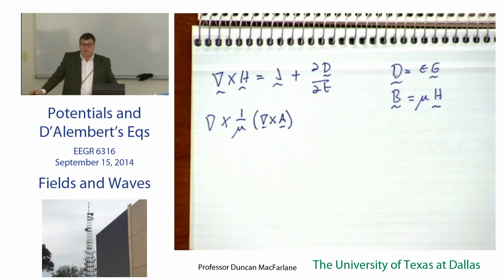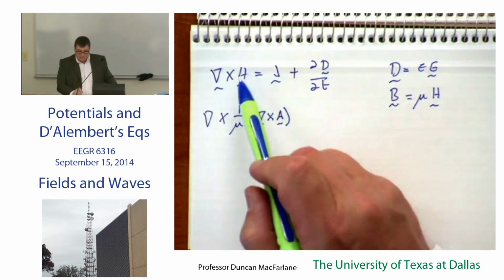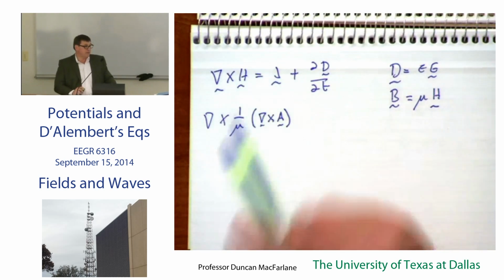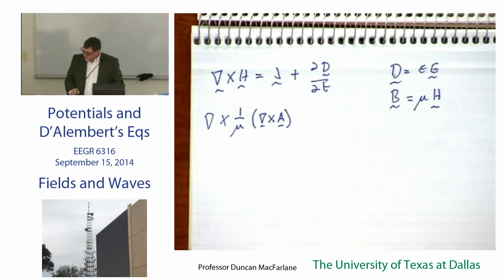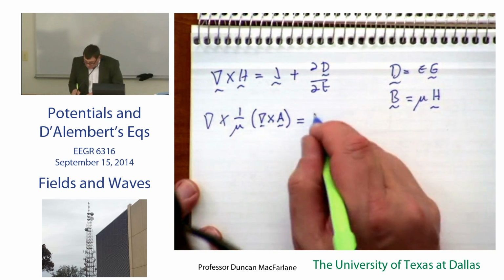So if you're nervous about that, leave some space in your notebook and fill it in tonight before you forget. So I'm taking this guy here and putting it into here. And then whenever I see a B, I'm going to say B is equal to the curl of A. And that's where I get that guy from. I'll leave the J alone.